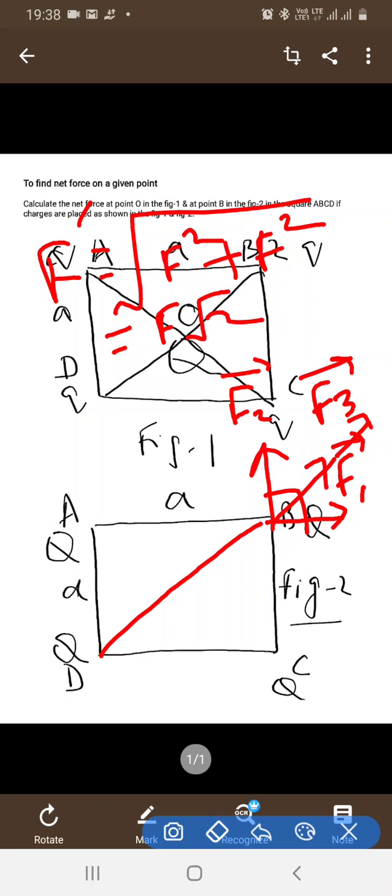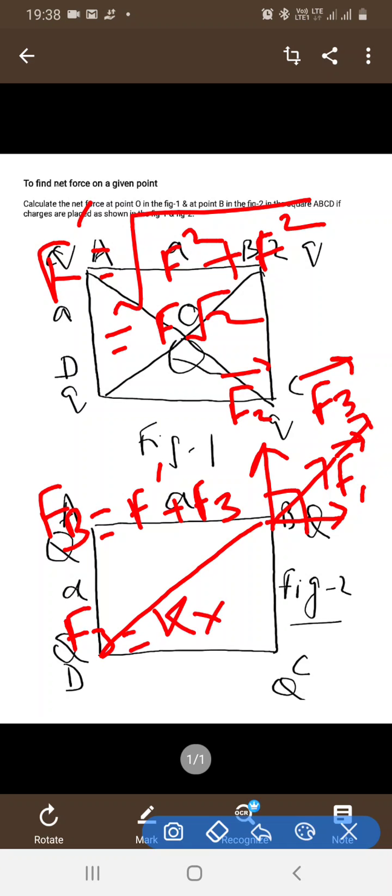So net force acting at B, that will be FB, is equal to F dash plus F3, and the value of F3 is again K times charge at B, that is capital Q, multiplied by charge at D, that is also capital Q, upon BD square.